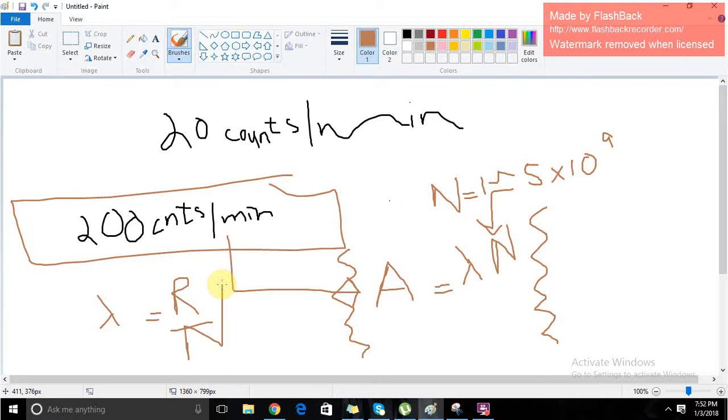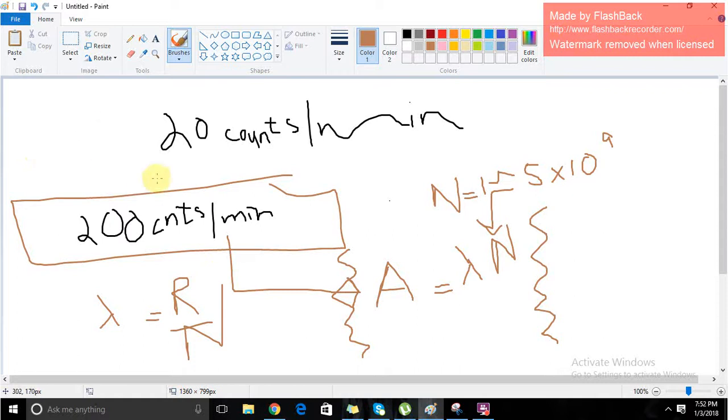So for exponential decay, as you previously know, we have N is equal to N naught e to the minus lambda T, where N naught is the initial undecayed nuclei, N is the remaining undecayed nuclei after time interval T, and lambda is the decay constant as before. You really need to be careful with the units. If lambda is in per second, then time needs to be in seconds.